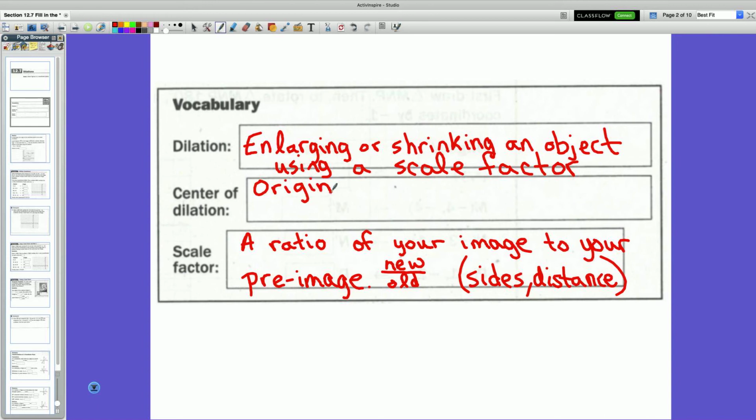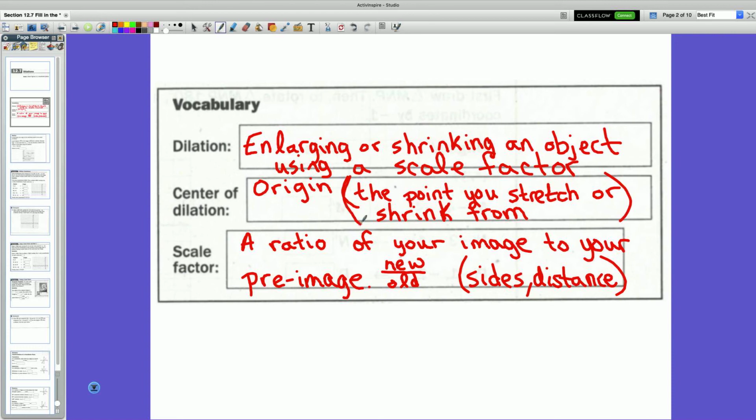It's the point you stretch or shrink from. But essentially all you need to know for this class is that our center of dilation is the origin. When you get up into geometry, we look at some dilations where our center is not the origin. But for now, all of our centers of dilation will be the origin.